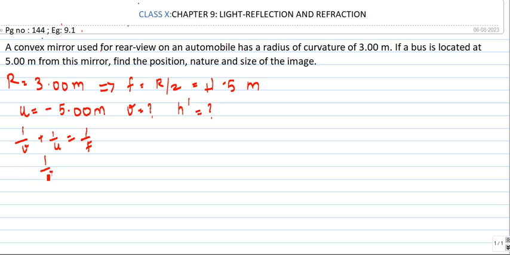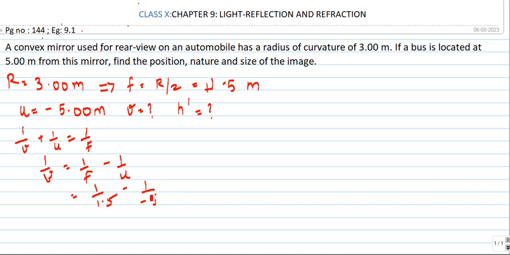So 1 by v is equal to 1 by f minus 1 by u. We should not miss out the signs when we are substituting. Here f is positive, so 1.5, and u is negative, so minus 5.